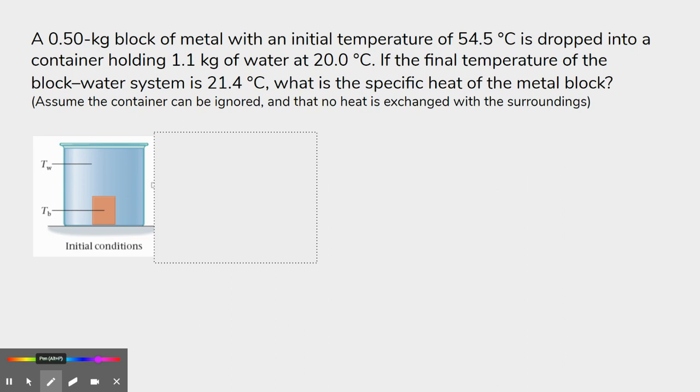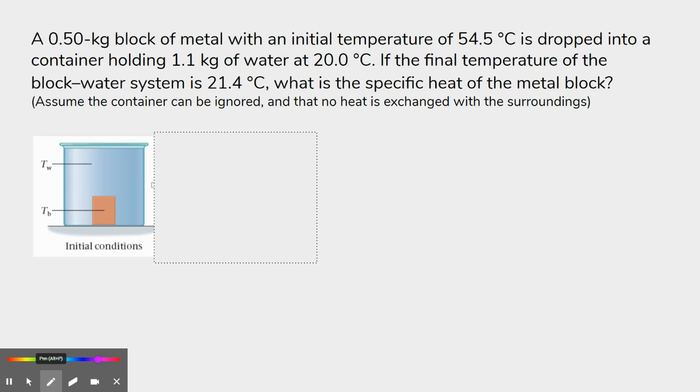This time we are looking at a block of metal, and we see that it has an initial temperature of 54.5 degrees Celsius. And it's dropped into a container that has about 1.1 kilograms of water, and that water has a temperature as well. If the final temperature of the system is 21.4 degrees Celsius, we want to know the specific heat of that metal block.